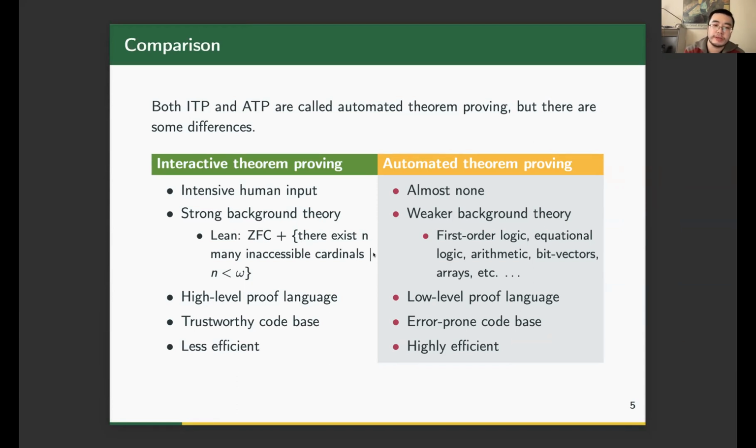So even computing something like 3 plus 2 is expensive because it is not native integers, but a bunch of SS0 plus SS0 or whatever. So it's inefficient, but in automated theorem proving, it's not. It's highly efficient because you can use whatever programming language you like. In C++, you have native integers, you have native data types, and that makes things efficient.